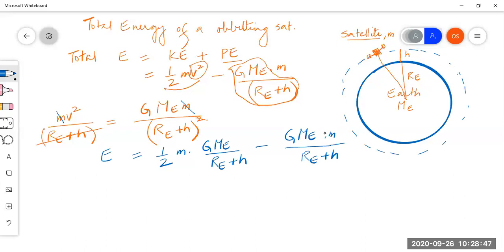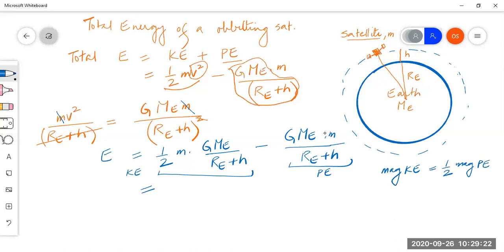Now, it's worthwhile to note that this is the kinetic energy and this is the potential energy. So you see that the magnitude of the kinetic energy of the satellite is half of the magnitude of its potential energy.